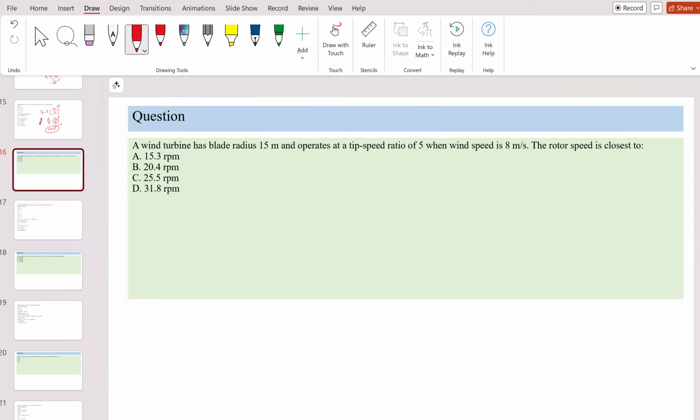Okay, I got one answer, option C. Let's wait for others also to solve.